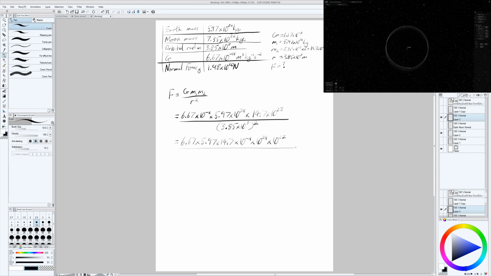And now on the bottom we have 3.85 squared, because if you have two numbers multiplied together and they're squared, you can separate them out and have them each individually squared. Can't do it if it's adding them together, but if it's multiplying, you can.